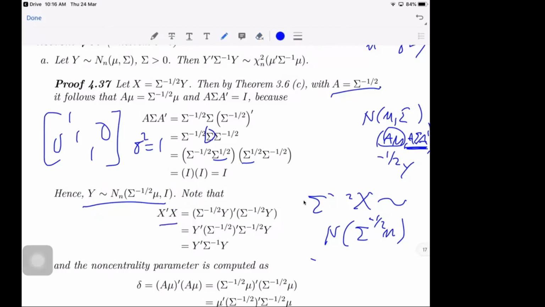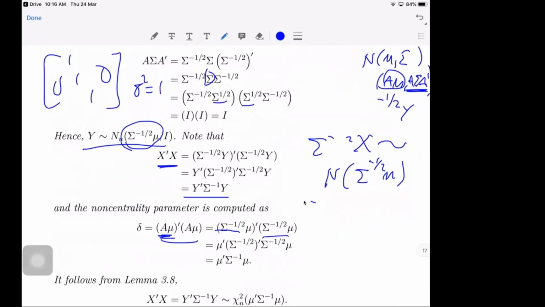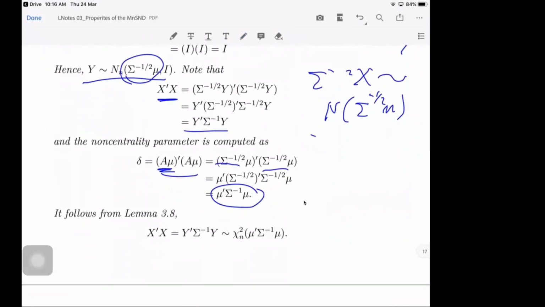And then you take x prime x. We have this. And the non-centrality parameter is mu prime mu. But our mu is A mu, no? Which is equal to that. So our non-centrality parameter is mu prime sigma inverse mu.